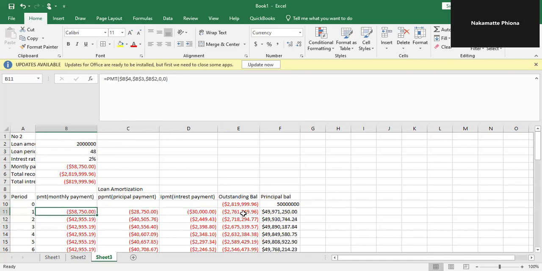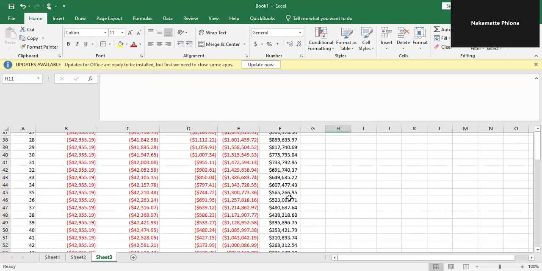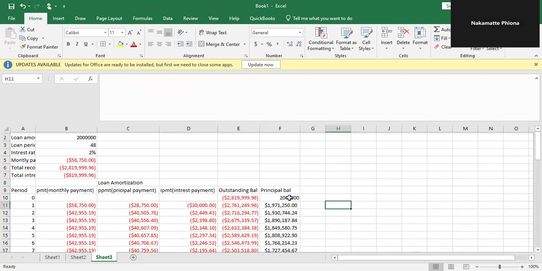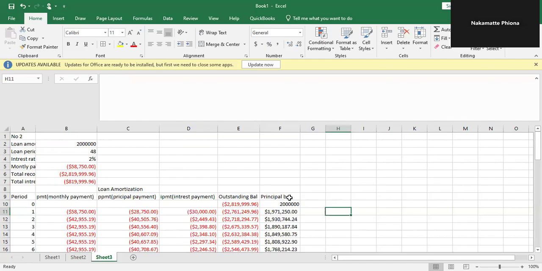The principal is also changed to 2 million. Period is also 48.